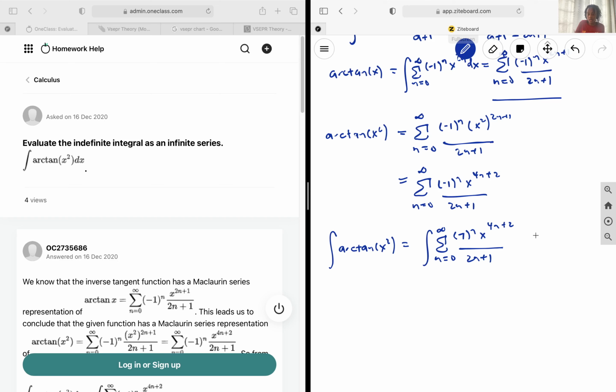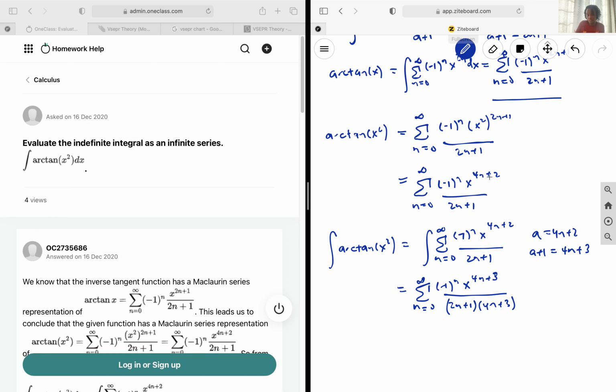And so our a is going to be 4n plus 2, which means our a plus 1 is going to be 4n plus 2 plus 1, which is 4n plus 3. Which means that this will become the infinite series negative 1 to the power of n, x to the power of 4n plus 3, all over that 2n plus 1 will still be there, multiplied by 4n plus 3.